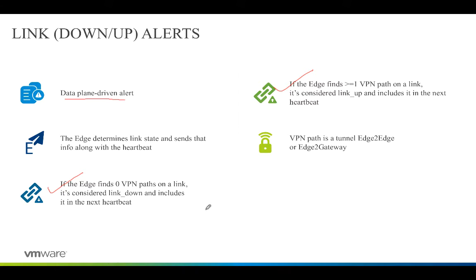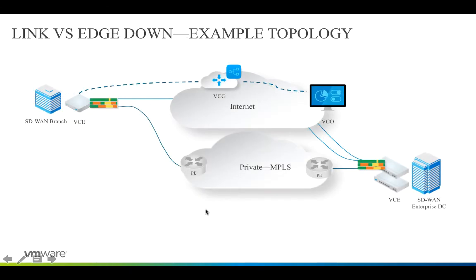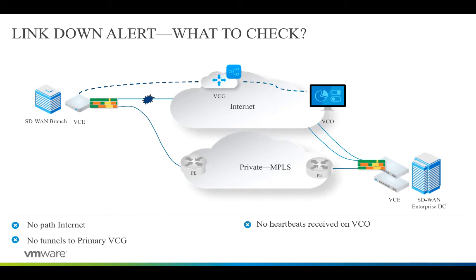Let's say you have 5 VPN tunnels on that link and 4 of the VPN tunnels are down. We will not declare that link as down because the VPN tunnel count is still equal to 1. These tunnel counts are the overlays which are established from the edge device to the other endpoints. In this case, the other endpoints are the gateways or the other edge sites. And this is what is shown in this example here.